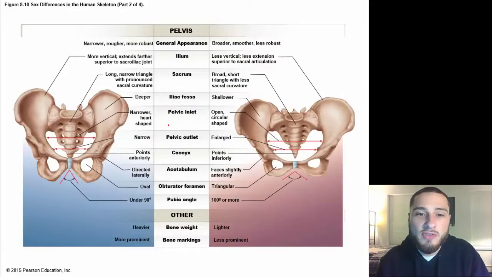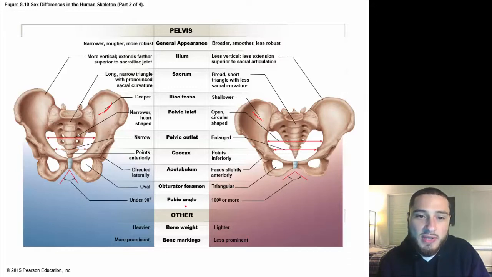When we look at the pelvis, we see that females have an enlarged pelvic outlet and men have a more narrow one. Females also have a shallower iliac fossa, and men have a deeper iliac fossa. This right here is going to be deeper in men, and in females it's going to be more dish-like or shallow.